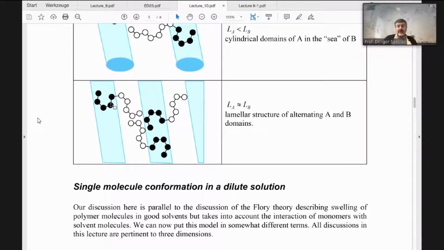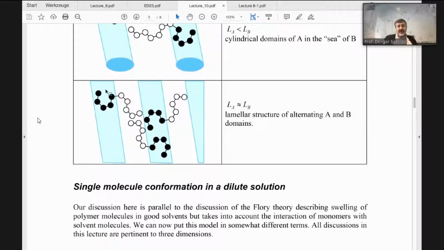And if they are of a similar length, then essentially you have a structure of alternating domains of A's and B's. Since A and B cannot separate, they do not form macroscopic phases. Because this guy is essentially of the size of the square root of the length of the corresponding part.